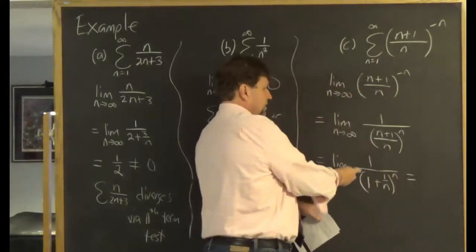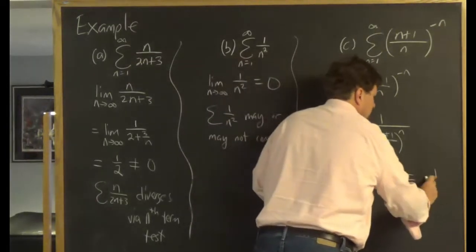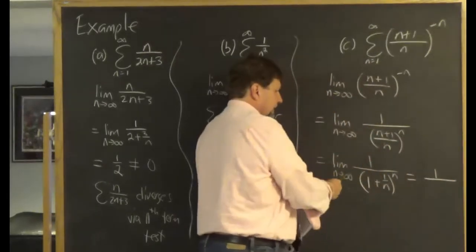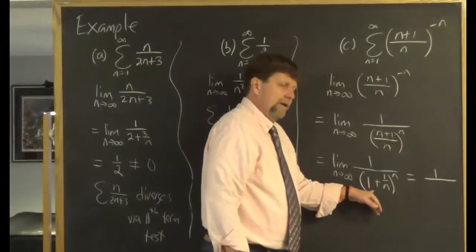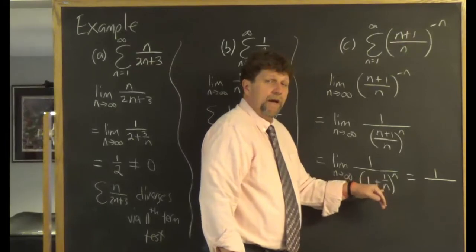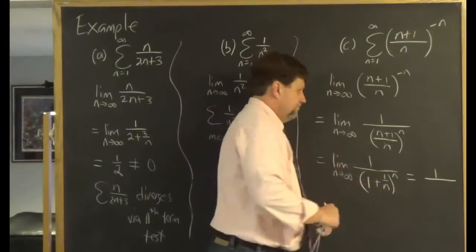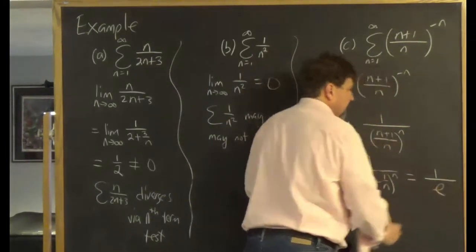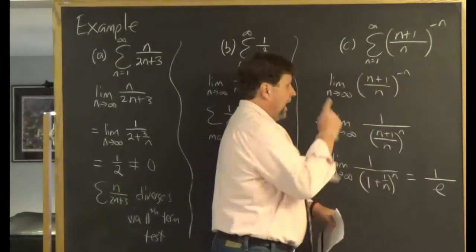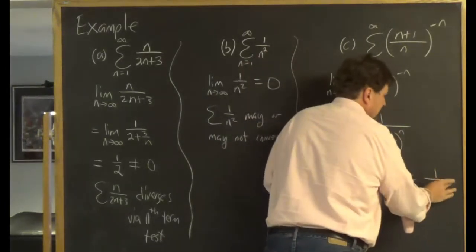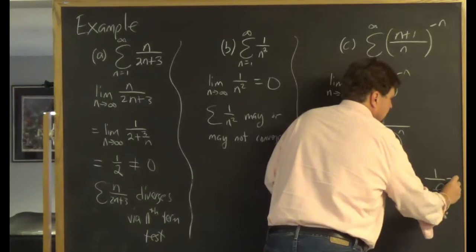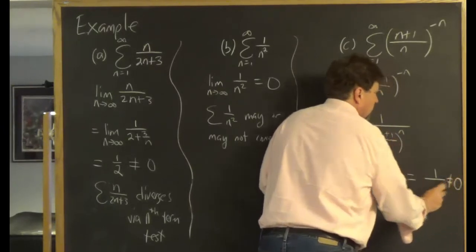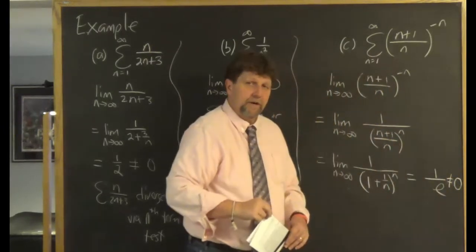The limit as n goes to infinity of 1 is 1. The limit as n goes to infinity of 1 plus 1 over n to the nth power is e. And 1 over e does not equal 0.